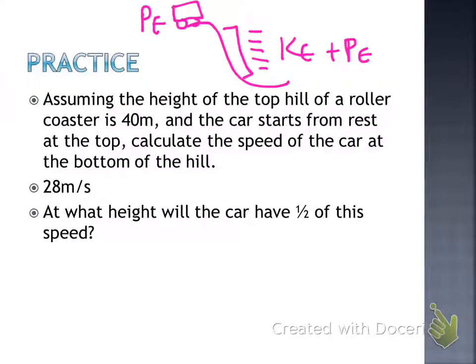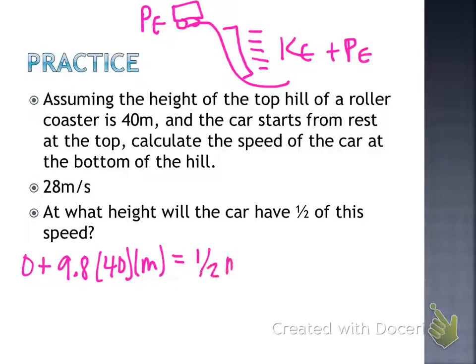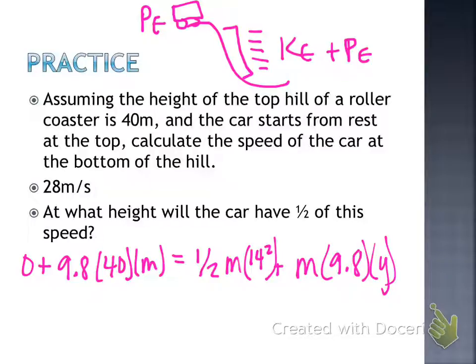Okay, so we know that this side is 0 plus 9.8 times 40 m equals kinetic plus potential. And we are solving for y. What do we know our velocity is in this case? We know that it's 14, right? Half of that original max speed.